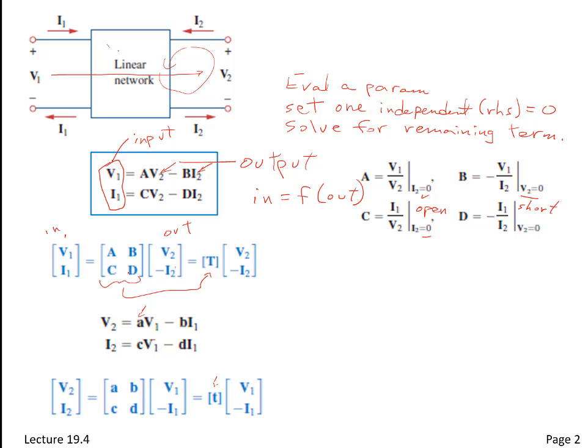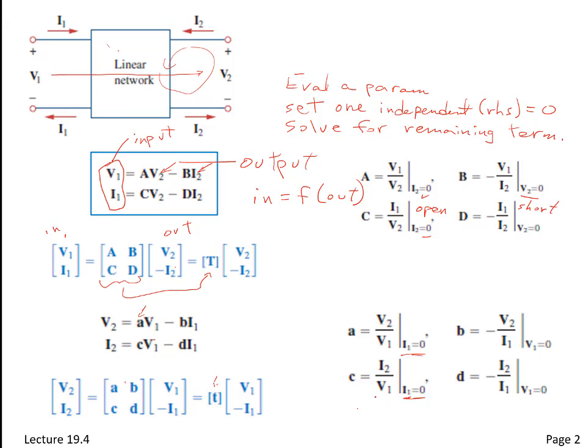Okay, so that's important, and you end up with similar parameters, only now you want the input side current to be 0, so again that's an open, and to get the voltage on the input to be 0 is the short circuit condition. Now, by the way, you notice the terms open and short are chosen because that's literally what you're doing.